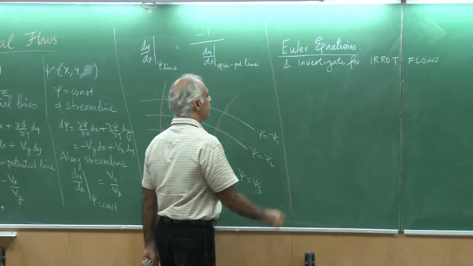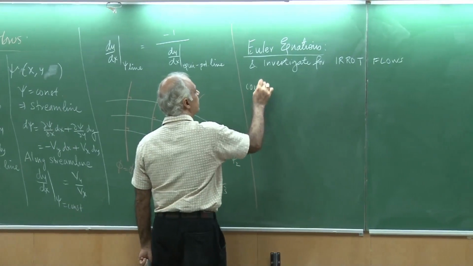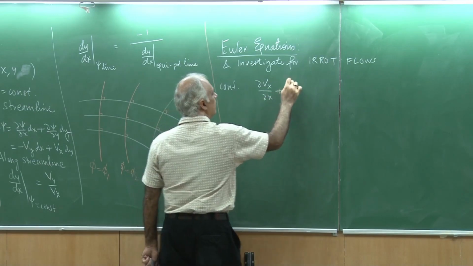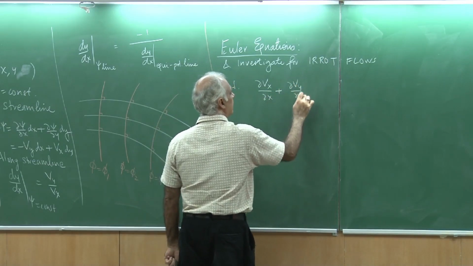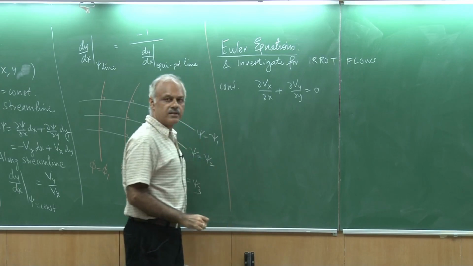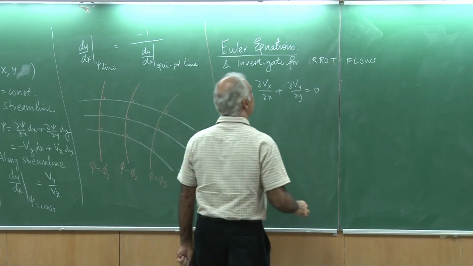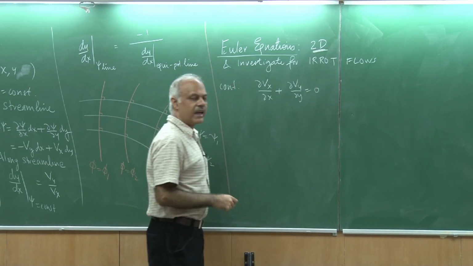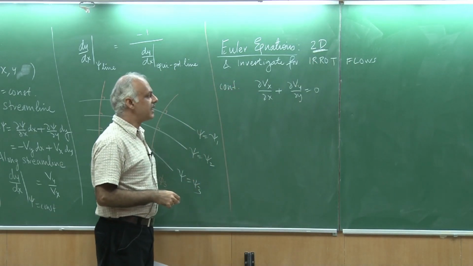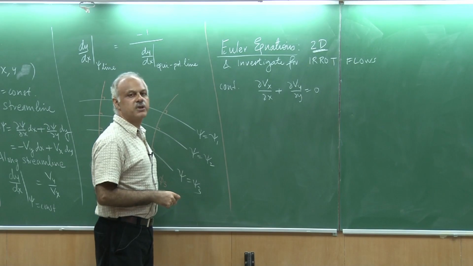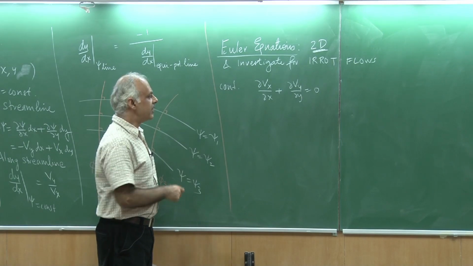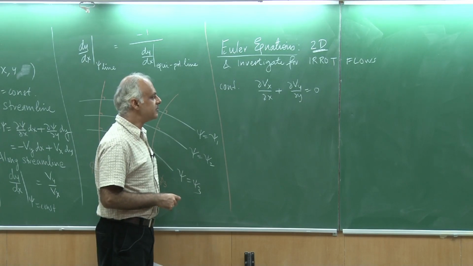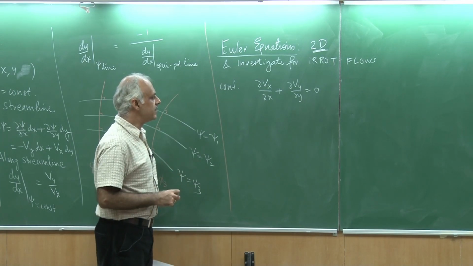So, let us write down these equations. So, first the continuity equation, del Vx by del x plus del Vy by del y equal to 0. I am going to restrict myself to 2 dimensions. I can go to 3 dimensions, but because my velocity potential and stream function so far I have done for 2 dimensions, especially the stream functions, I will restrict to 2 dimensions.